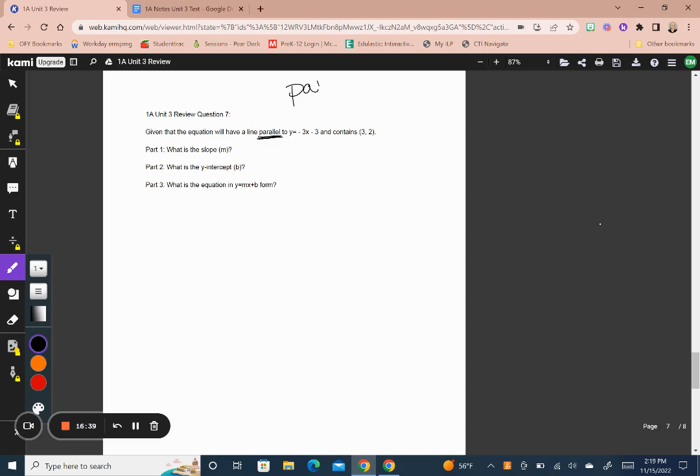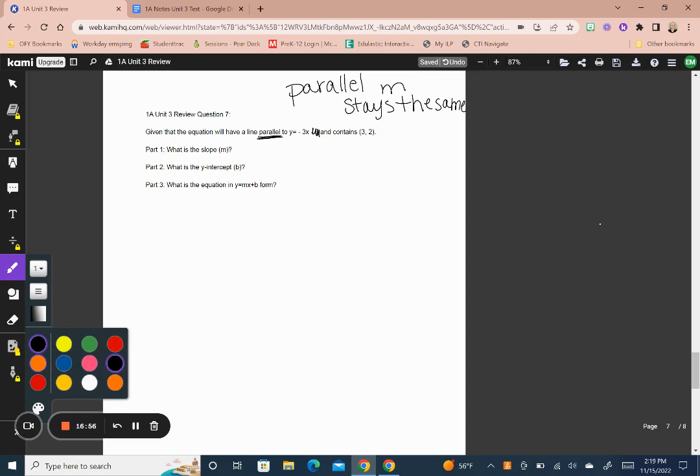So for parallel, the m stays the same. So on that note, this over here doesn't matter. All we care about is that right here, there's a negative 3x. So my m is equal to negative 3. That's all you need to know.